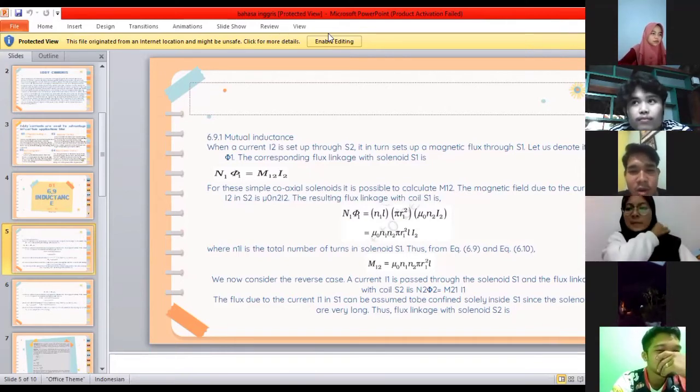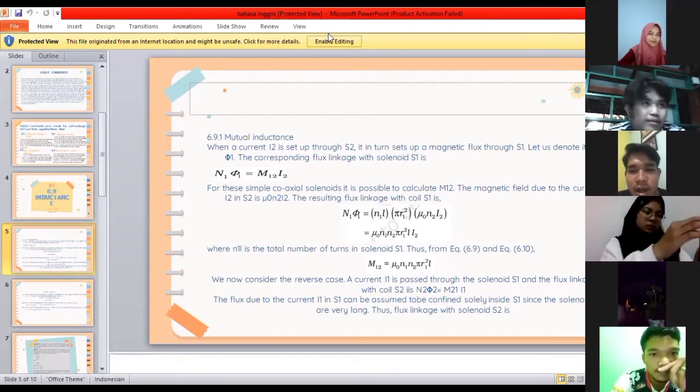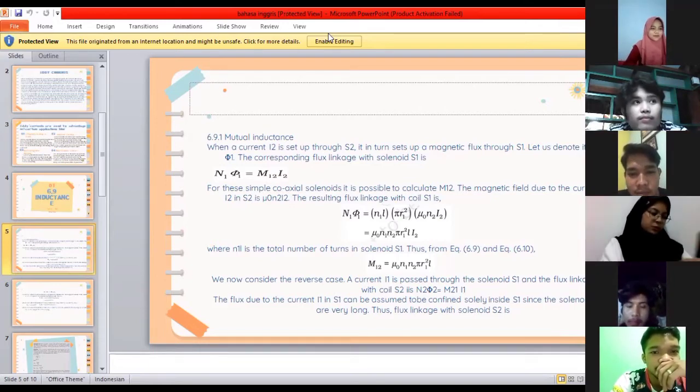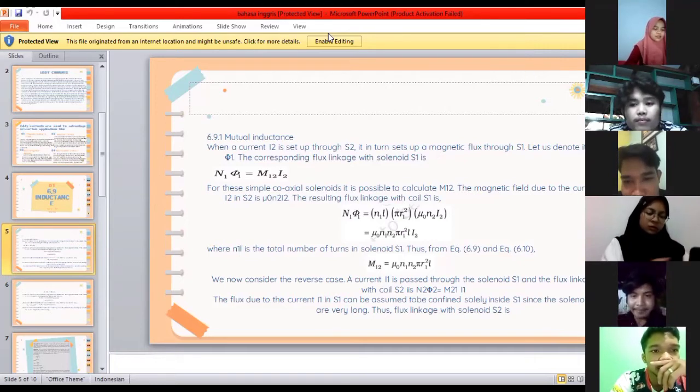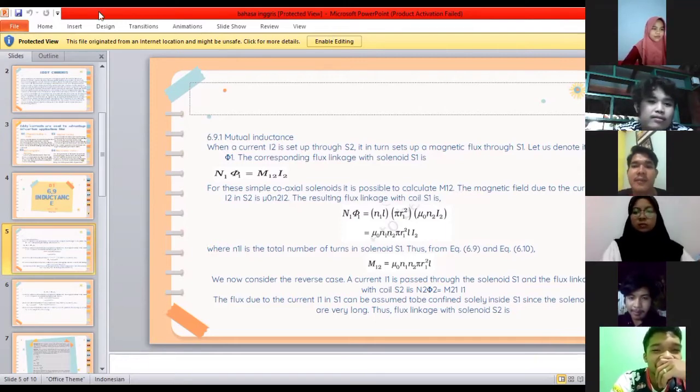We now consider the flux due to the current in solenoid S1, and the flux linked with solenoid S2. The flux due to the current is assumed to be confined solely in S1, since the solenoids are very long.